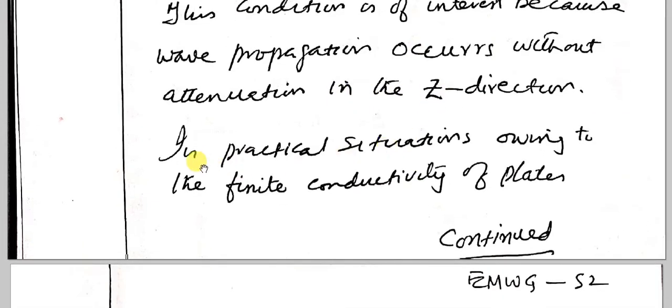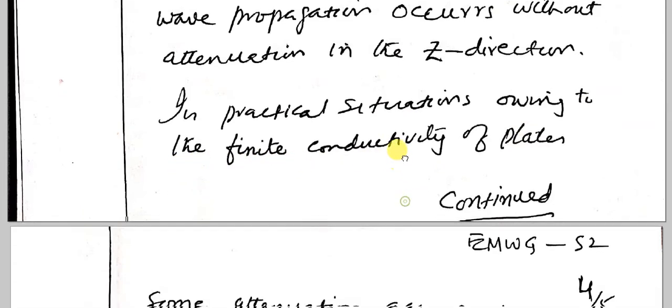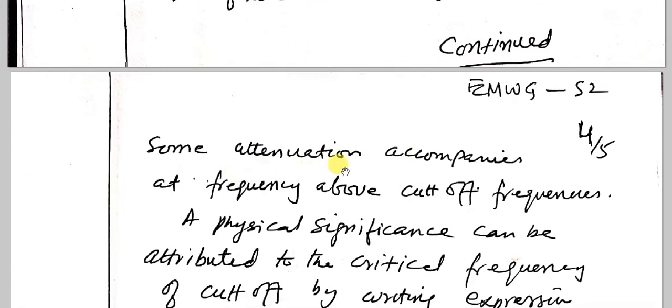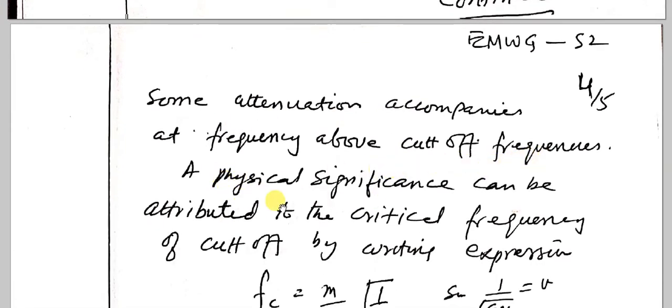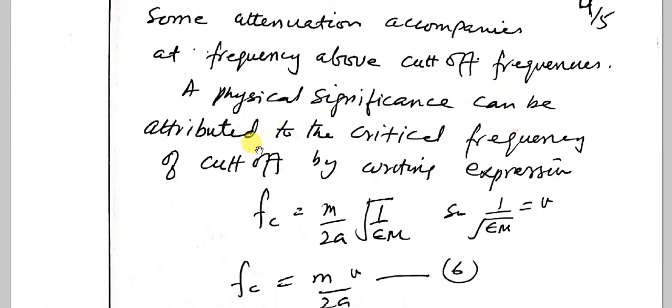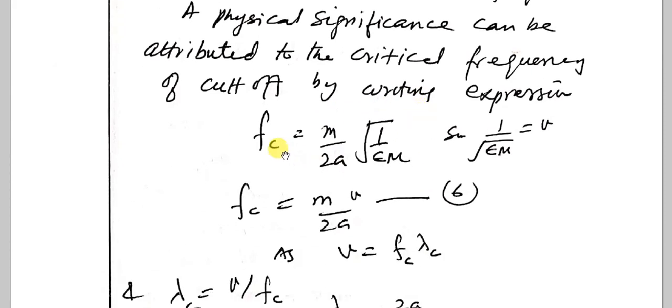In a practical situation, owing to the finite conductivity of the plates, some attenuation accompanies the wave at frequencies above cutoff. A physical significance can be attributed to the critical frequency of cutoff by writing the expression. So fc is equal to m over 2a times 1 over square root of epsilon mu.